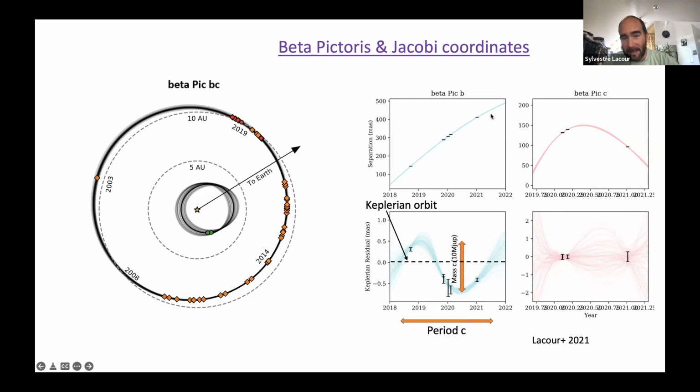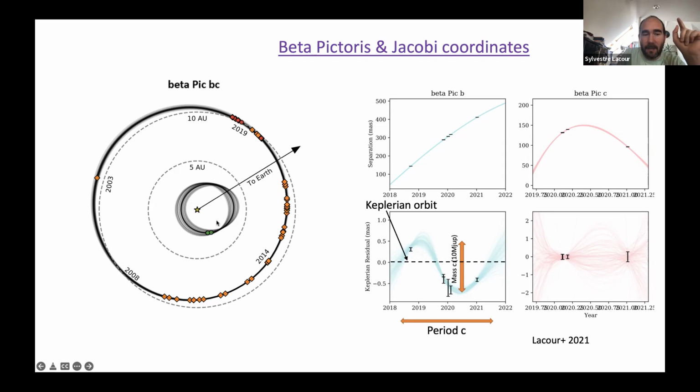And from this point here, you can fit a Keplerian orbit, and you can see the deviation in astrometry between the Keplerian orbit and the astrometry and the position of beta Pictoris B. And this oscillation here that you see, the deviation of the Keplerian orbit, is due to the fact that beta Pictoris C is rotating with a period of 3 years around the star.